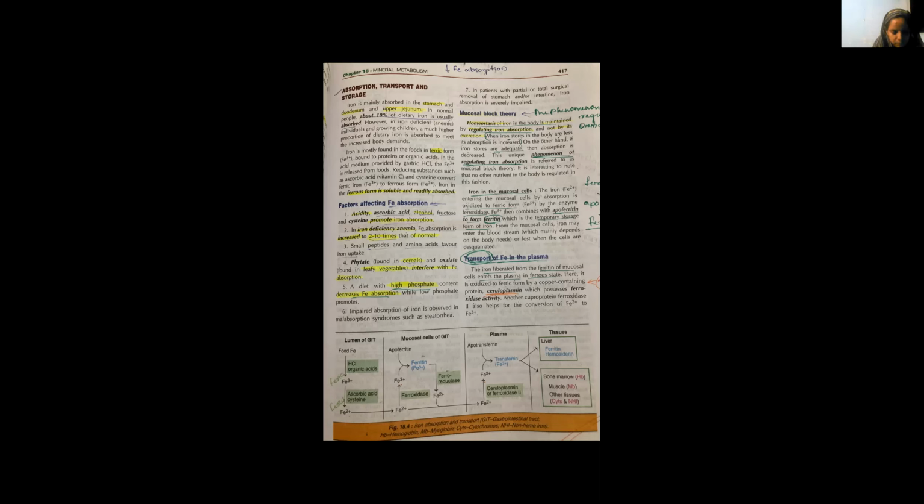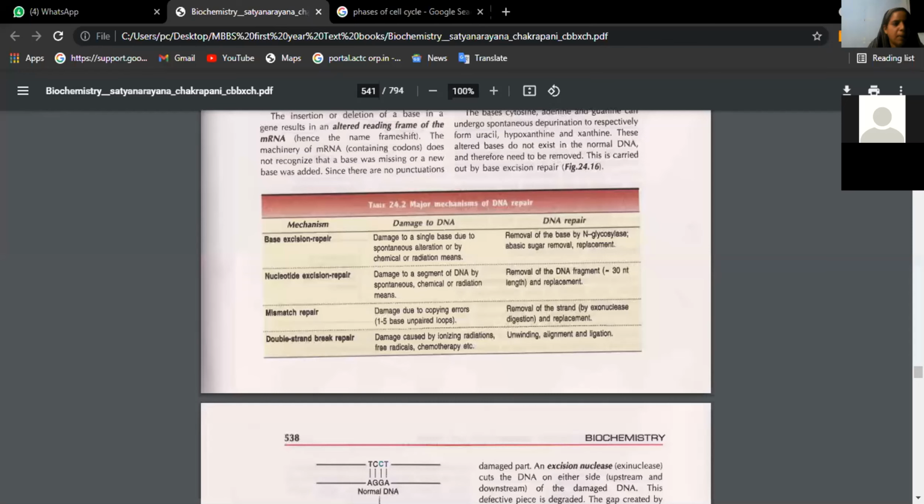Then let me check with the DNA repair mechanism. Meanwhile, you can just read something. Repair mechanism. Major mechanism of DNA repair. So what are they? Like base excision repair. Base excision in the sense like we have A, T, G, C, no? A base is excised.